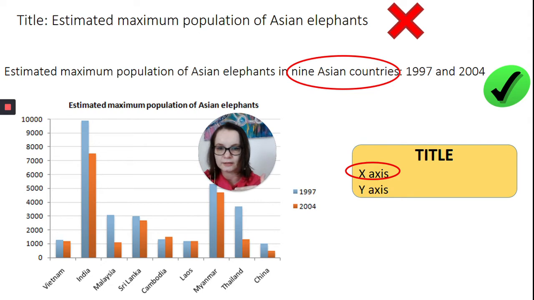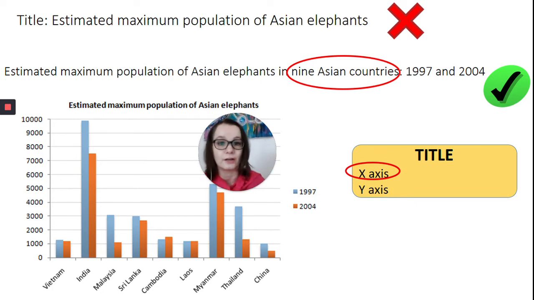If there are just a few countries mentioned there, like 3 or 4, you would probably want to write them down, like Vietnam and India, or Vietnam, India, and Malaysia. But since there are 9 of them, the title would take half a page if you write them down. So you can just say 9 Asian countries to sum it up.